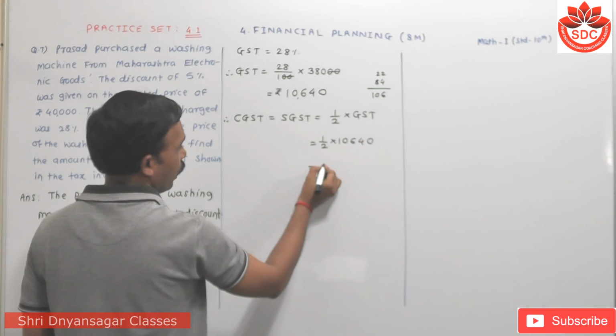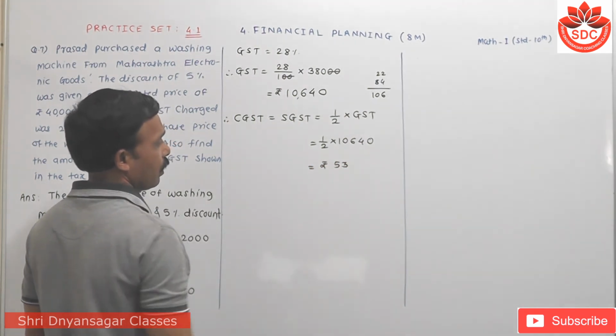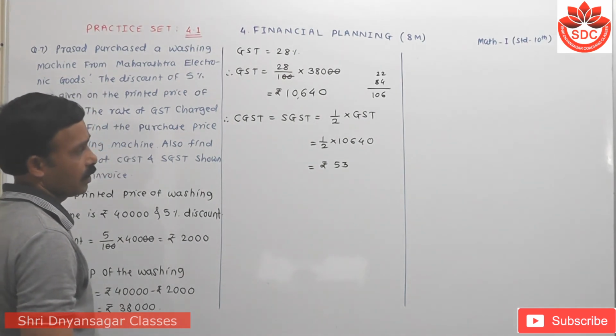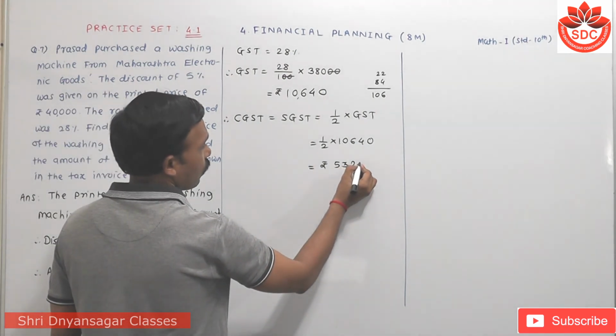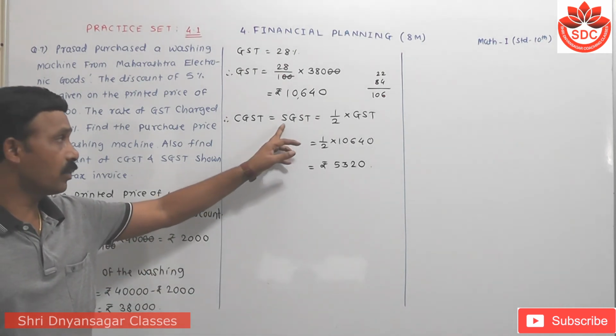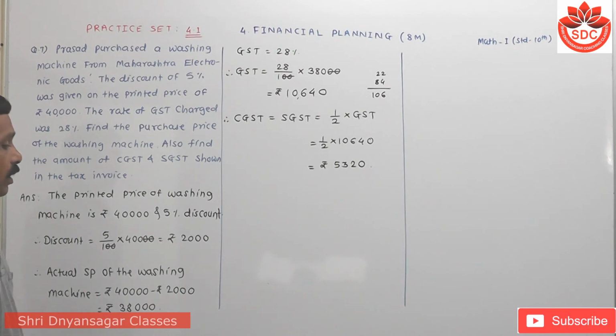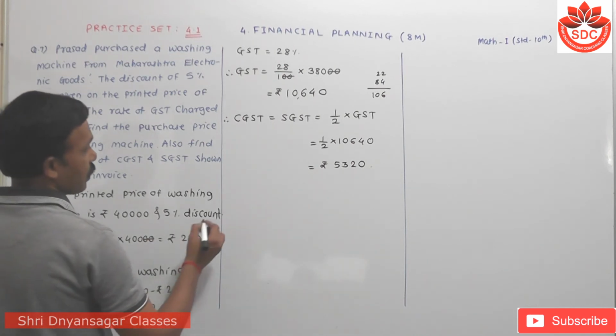Means that 2 5s are 10, 2 3s are 6, 2 2s are 4 and 0. Means that CGST is equals to SGST is equals to rupees 5,320.